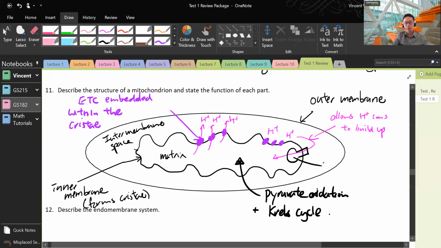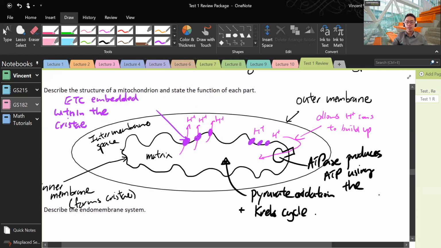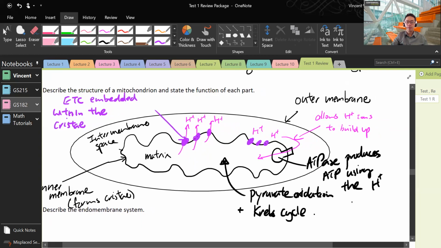Maybe just one more note here. ATPase produce ATP, right? Using the H+ gradient. All right.